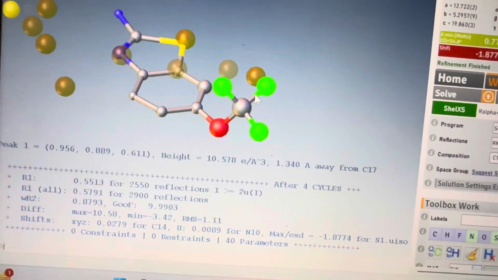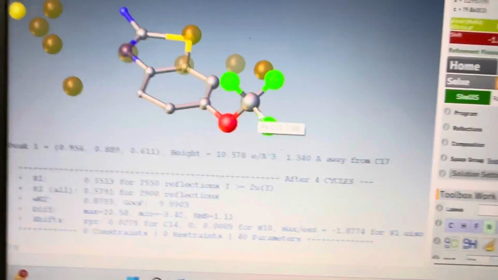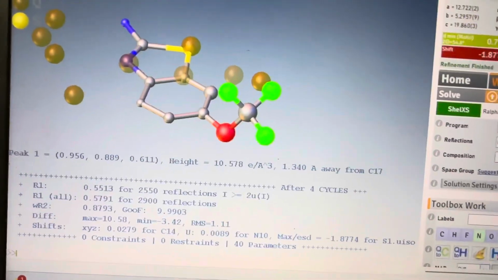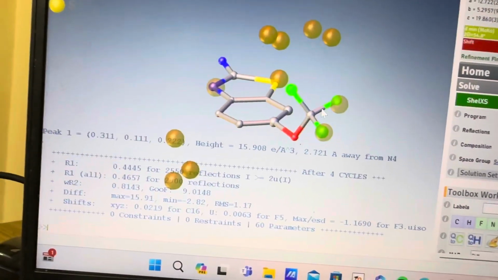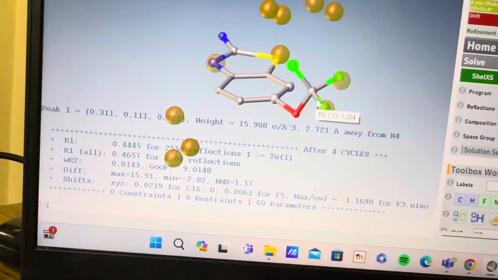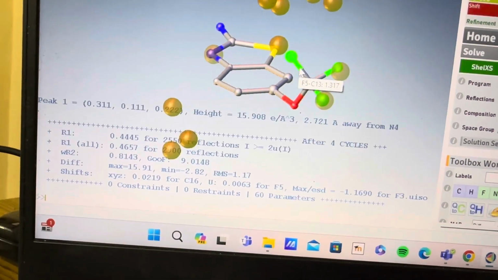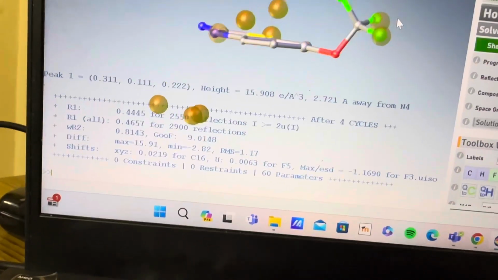For example, this bond length here is 1.454. No, I have to refine first. Right, so this bond length here is 1.423. This one is 1.294, this one is 1.317, and this is 1.370.